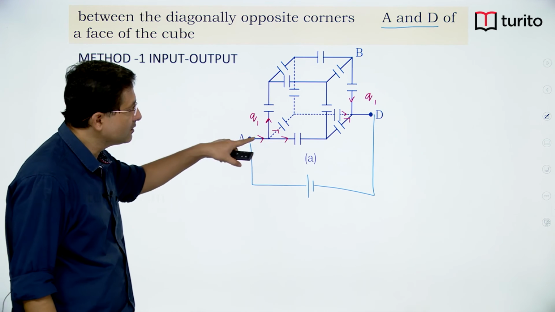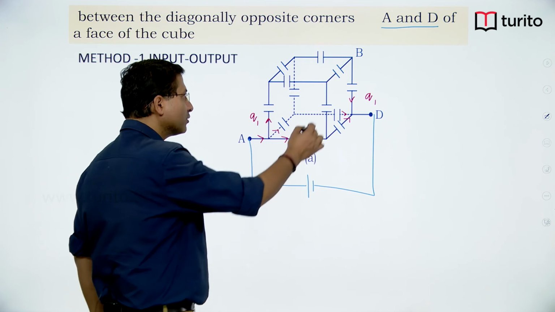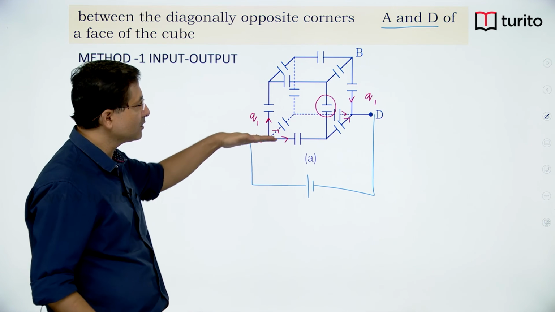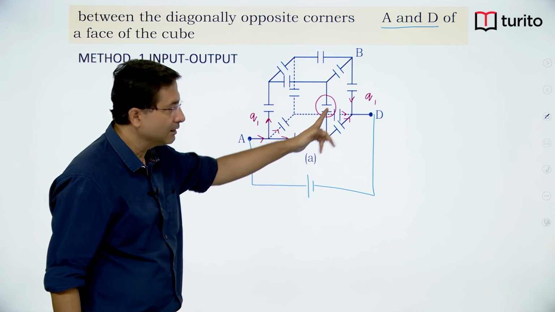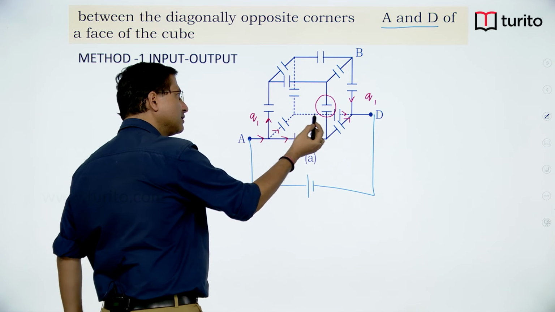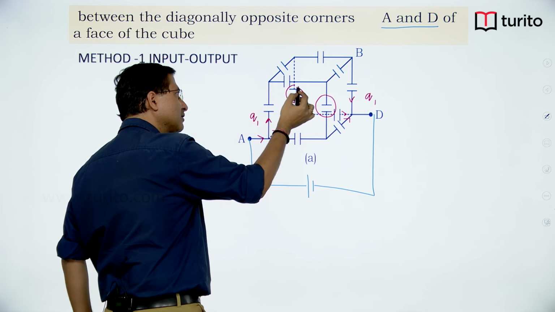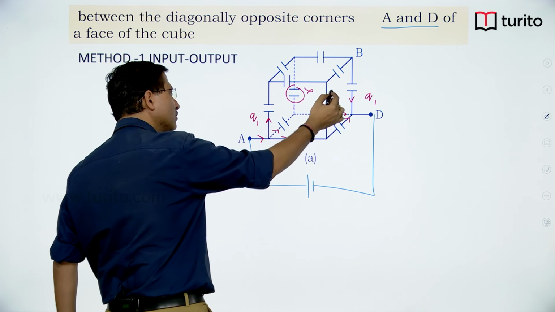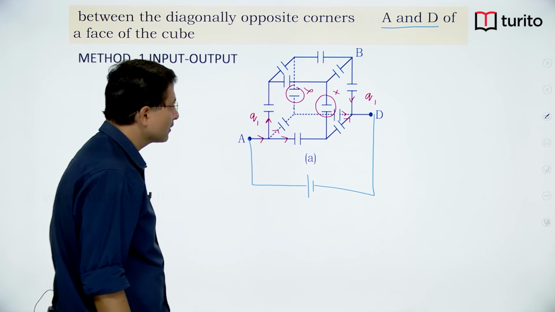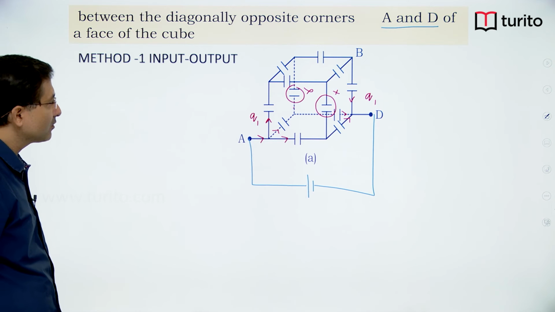So, if this is equal to this one, that means there should not be any flow of charge, because this charge will directly go this way, there is no division here. Similarly, if this charge is equal to this charge, then there is no division over here and there is no use of this capacitor also. So, these two vertical capacitors we can remove and we can redraw the circuit.